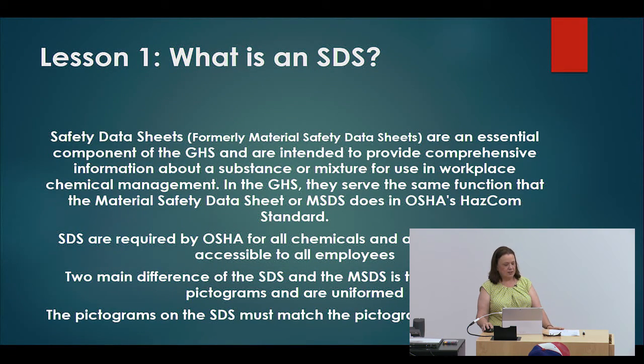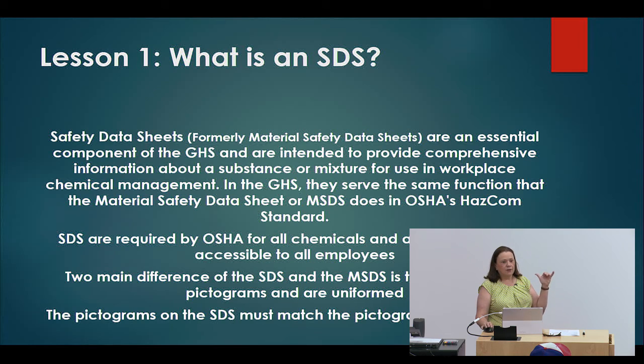Lesson 1, what is an SDS? Well, it's a safety data sheet. Formerly, as I said, it was a material safety data sheet, and they're a very essential component of the GHS. We'll talk about what the GHS is in a few minutes. They're intended to provide comprehensive information about a substance or mixture for use in the workplace for chemical management.